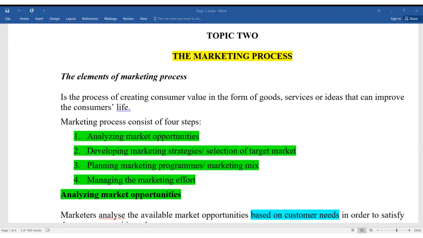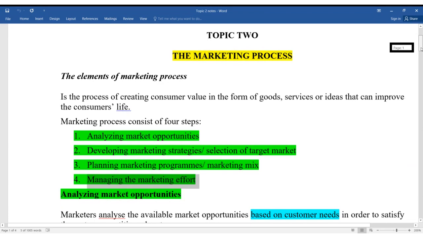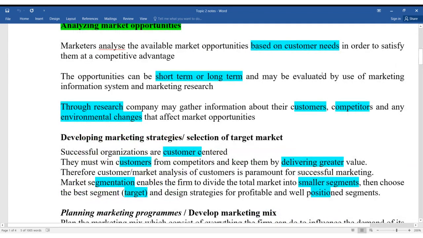So what we need to take a look at is those key areas. And the first important area is analyzing market opportunities based on customers' needs. The needs may be short-term or long-term, and they can be conducted based on research, marketing research, consumer and environmental research on customers and competitors.